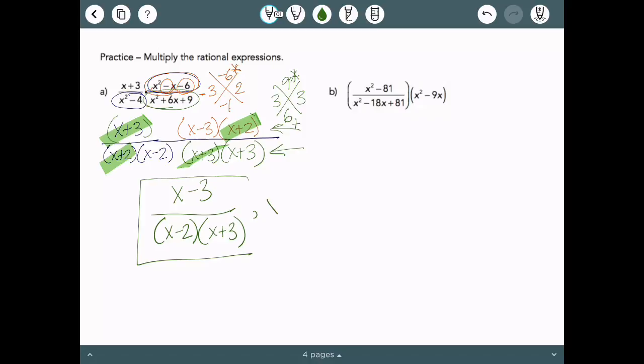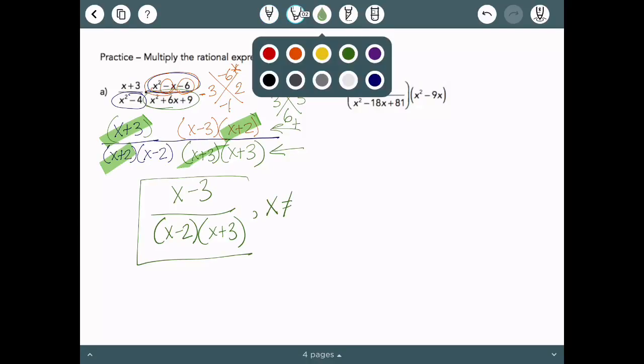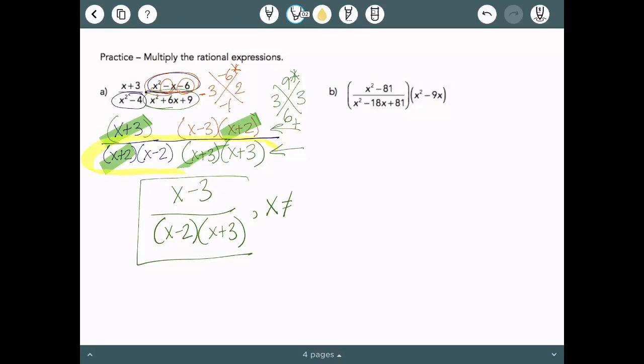I want to make my warning, so I'm going to have x cannot equal anything in the denominator, anything that's going to make that equal to 0. My first one would be negative 2, because negative 2 plus 2 would be 0.